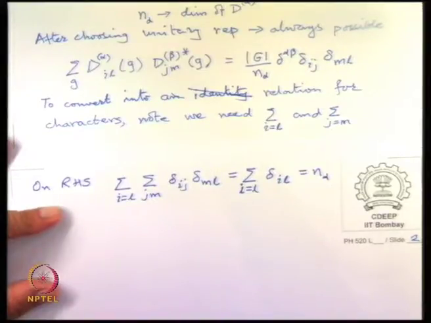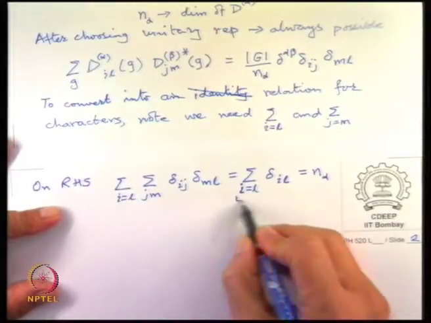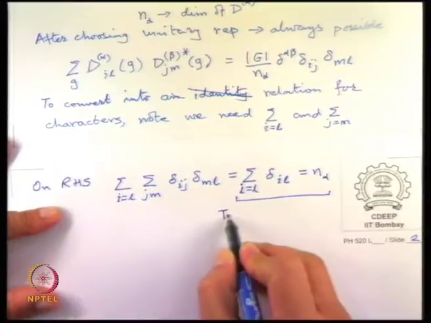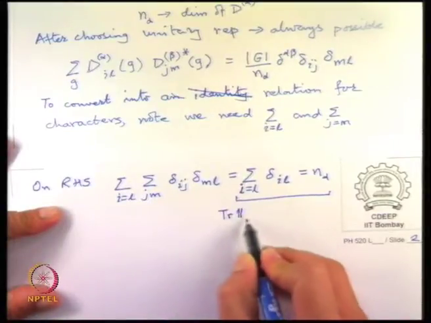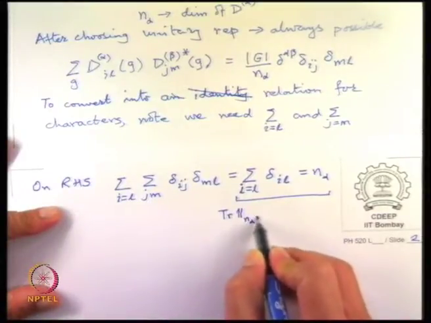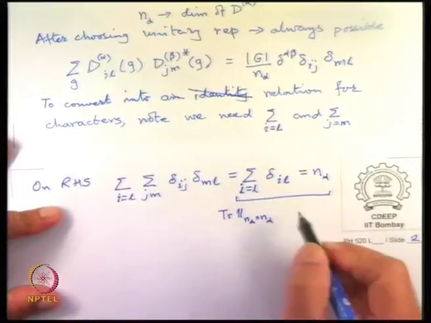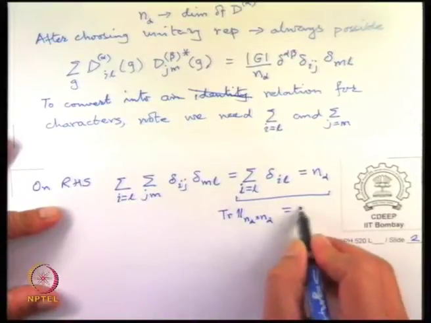Is this clear? So the identity is an n alpha by n alpha matrix, so its trace is equal to n alpha.